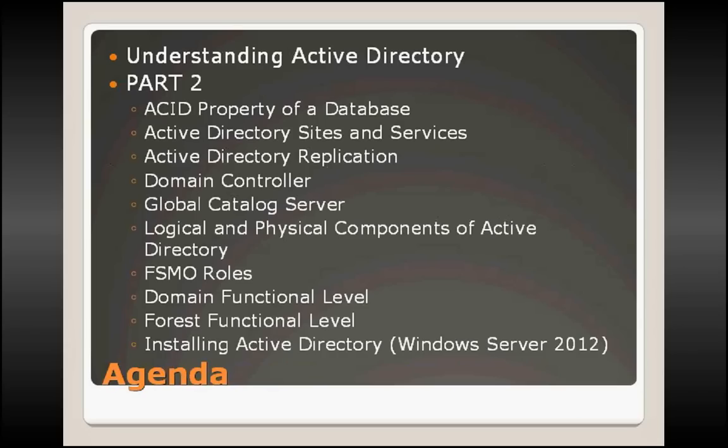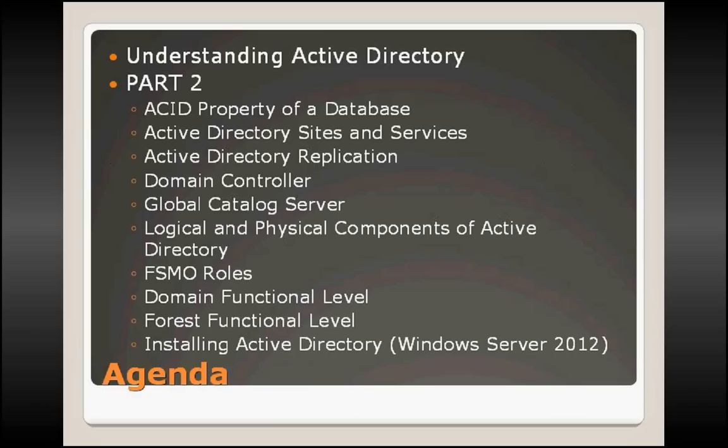So as an agenda, we're going to cover what an ACID property of a database is, and what is meant by Active Directory sites, and then we can look into AD Sites and Services, and then Active Directory replication, then the Active Directory domain controller, and then we can talk about the global catalog server. We can look into the logical and the physical components of Active Directory.